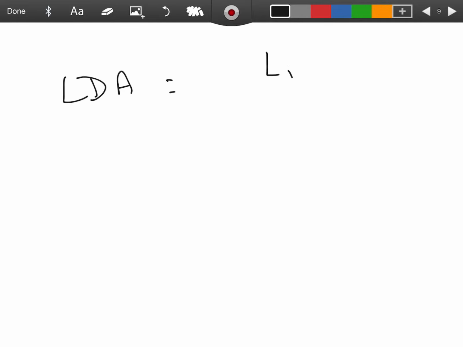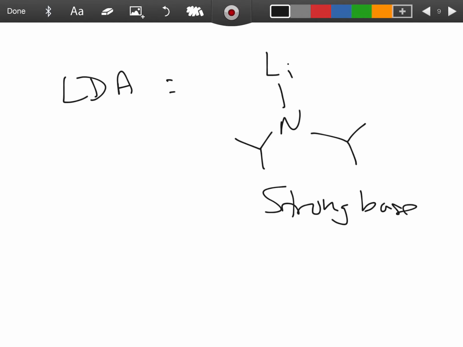Remember, LDA is a strong base, and it's lithium diisopropylamide. That's LDA.